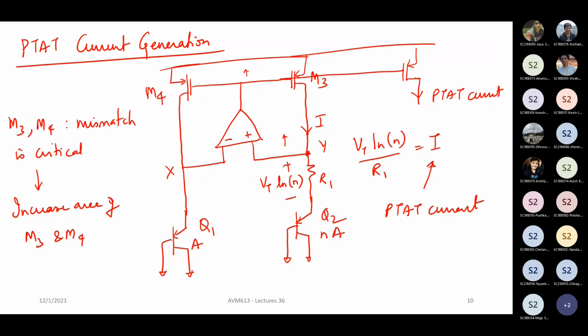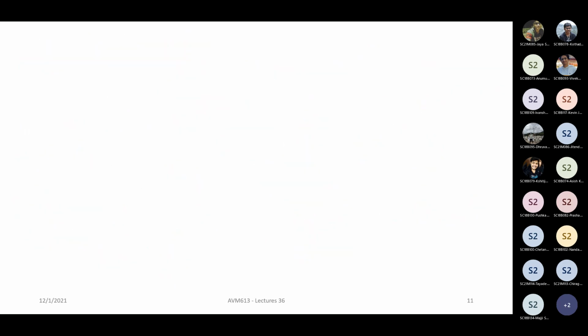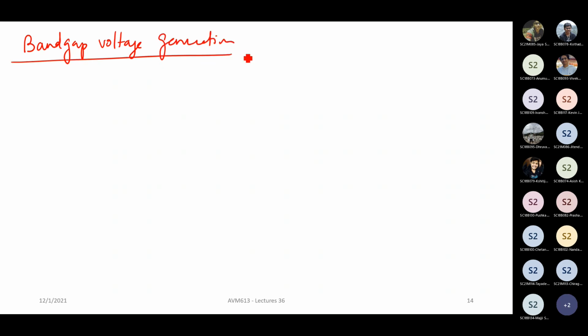Now, using this PTAT current, using a structure like this, how do we generate a bandgap voltage? Bandgap voltage generation becomes quite simple.